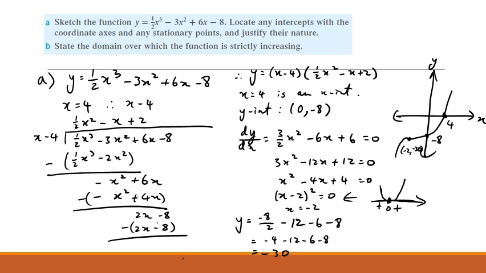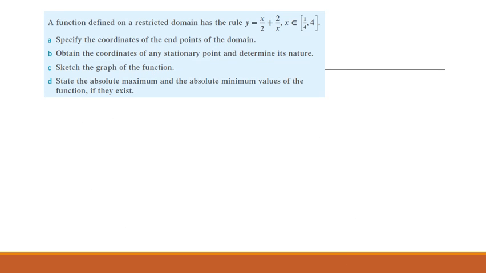State the domain in which the function is strictly increasing. Well, the function is pretty much increasing the whole time except at the point of inflection. So then for part B, x is an element of all the real numbers except that particular point, which is at -2. Alright, the function has a restricted domain there.